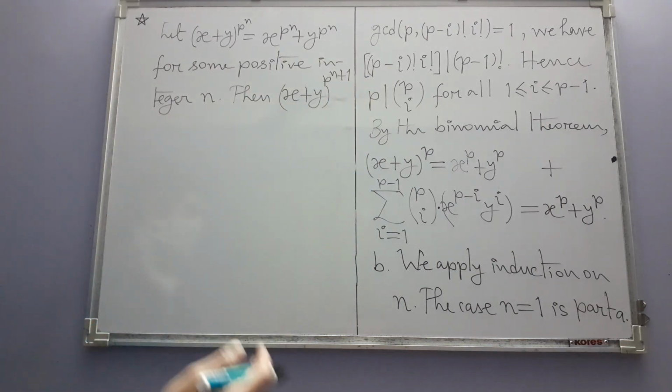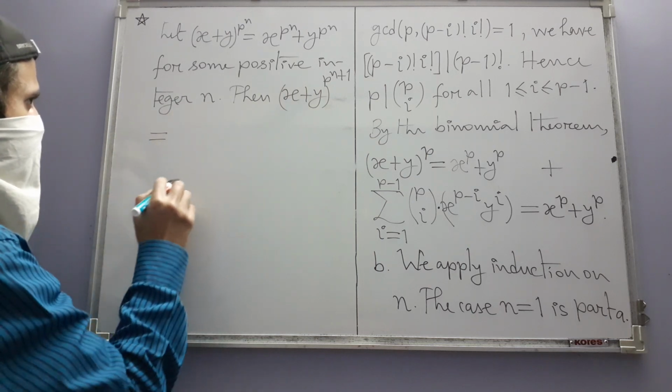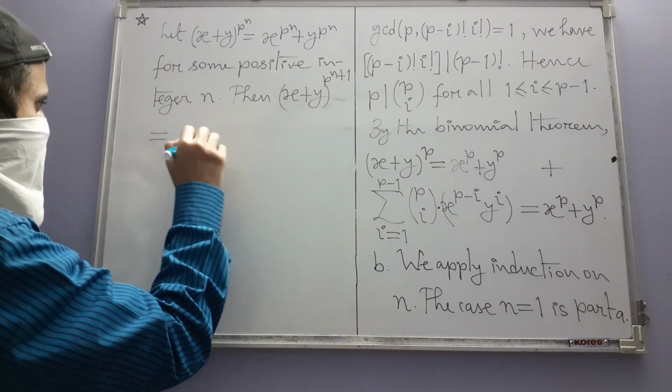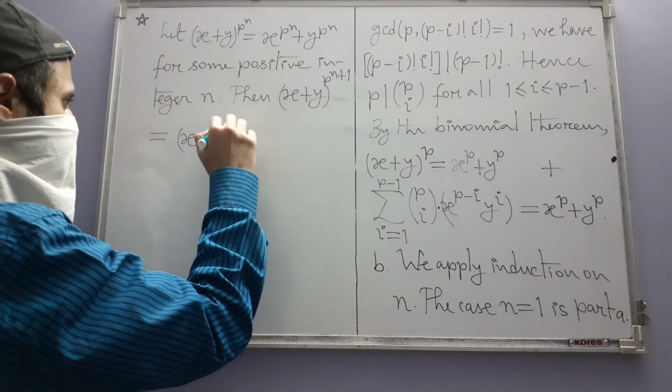P to the power n plus 1 is the exponent here, and this element of course can be written like this.